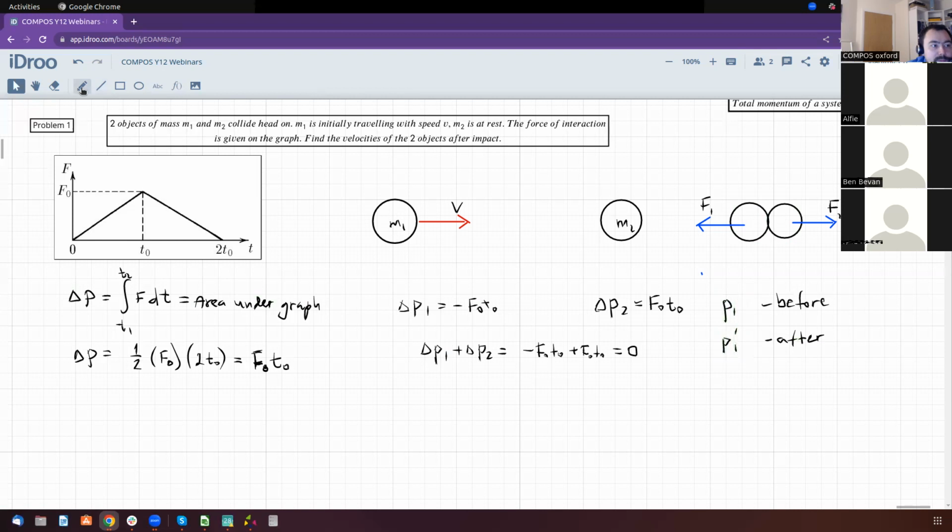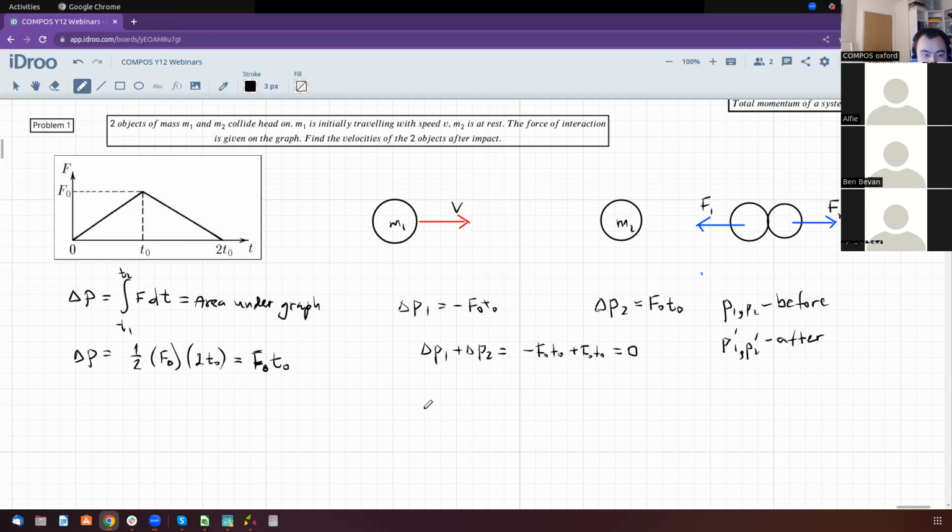Momentum before, and P2 and P2 prime. So P1 and P2 is before, P1 prime, P2 prime after. Therefore, let's be smart about it.